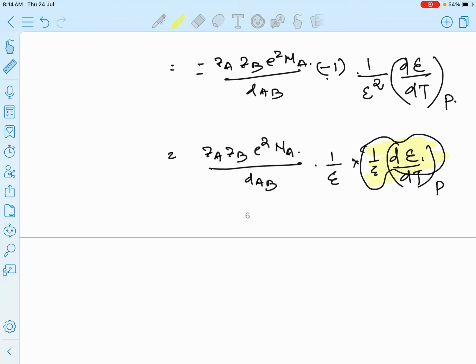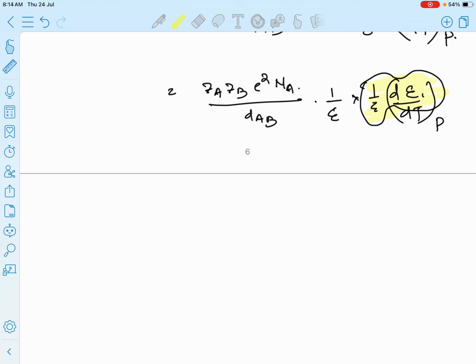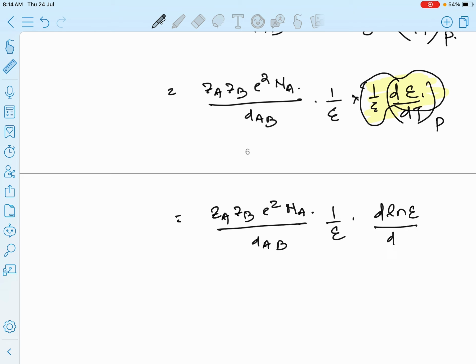So this term can also be rewritten as d ln epsilon. If you differentiate ln epsilon, you will get 1 by epsilon multiplied by d epsilon. So the same expression you will get, d epsilon at constant pressure.